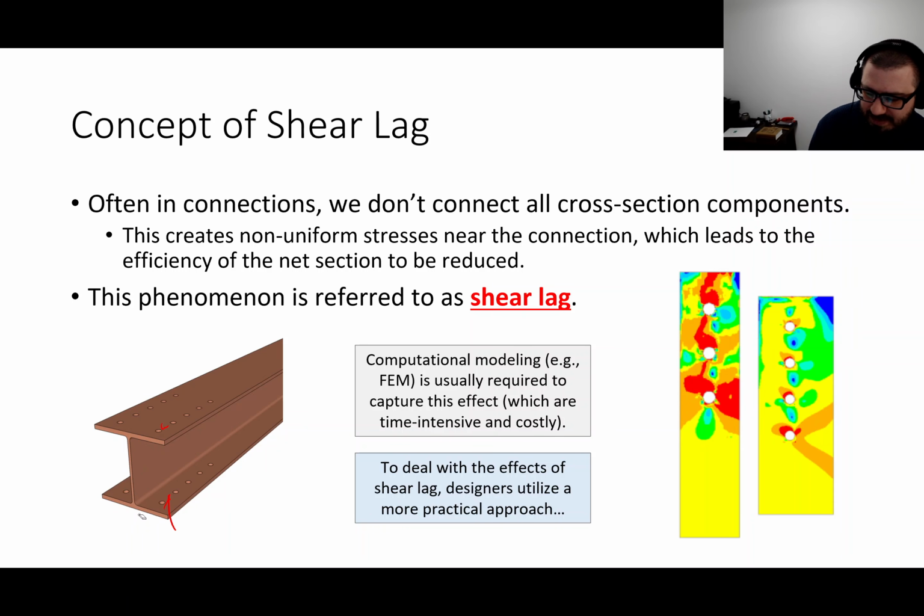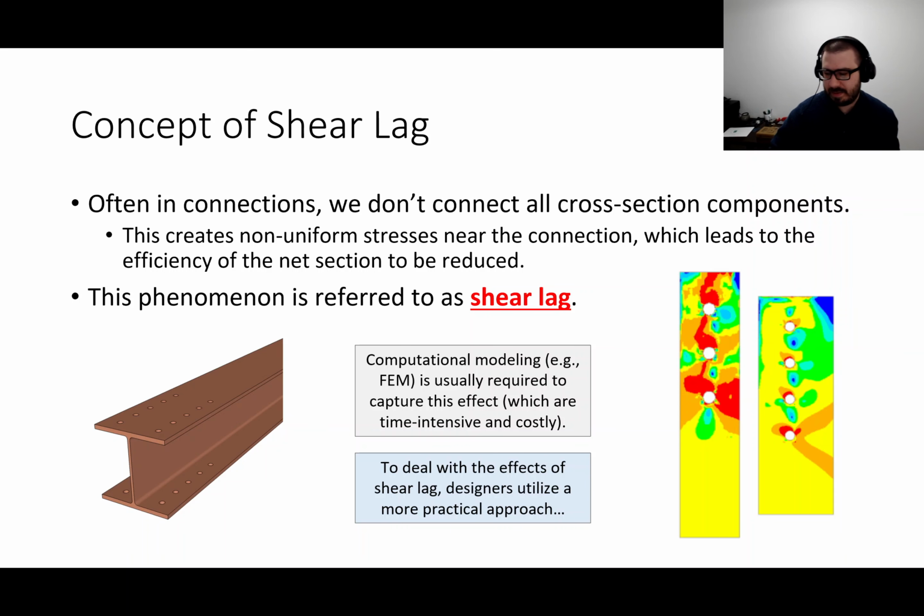Now, what happens whenever you have situations where not all components are connected, or really in general, whenever you have members with bolts and holes through them? If you actually look at the stresses, they can get kind of weird.